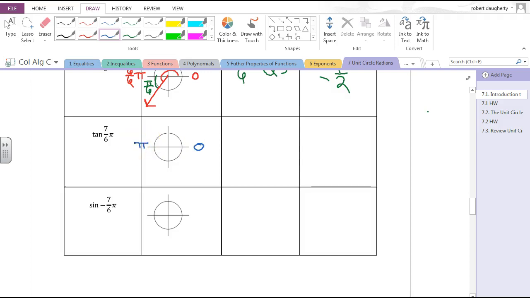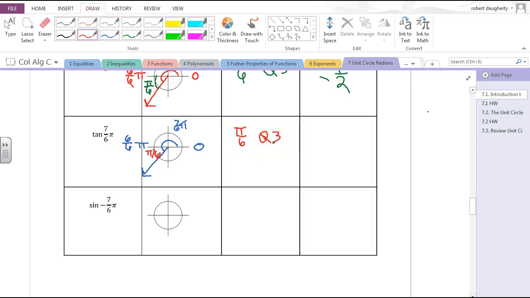Because the denominator of this fraction is 6, I'm going to call this 6/6 pi. And then that tells me that 7/6 pi is pretty close to 6/6. And it also tells me that it's further than 6/6. So this angle is right here. That's the angle 7/6 pi. How much further after 6/6 is 7/6? Yeah, that's just pi over 6. So this is pi over 6 in quadrant what?